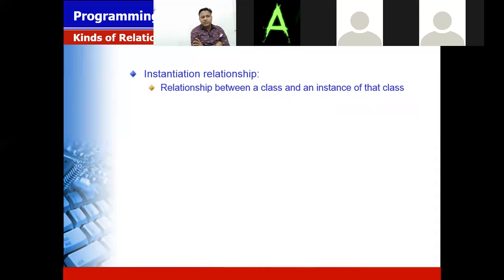Sir, instance means object. Instance means object. Suppose if it is a Java class, you all people are called objects of the class, or instances of the class. So without you, the class is not of any value. Okay, clear?